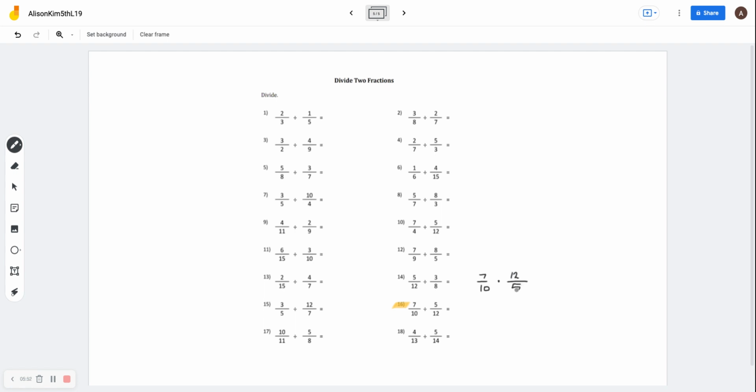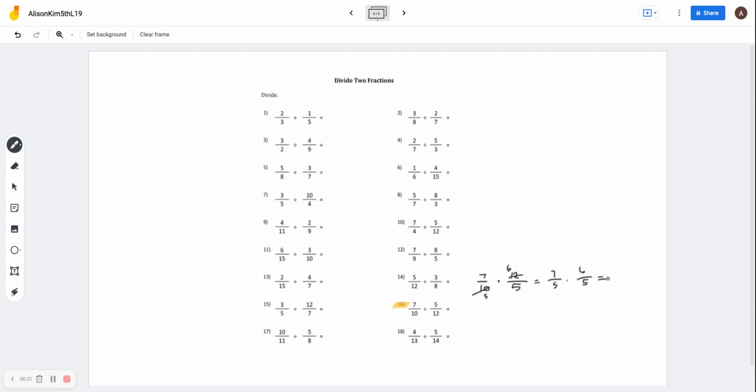Once again, I'm going to make sure that these fractions are not simplifiable. 7 and 5, you can't simplify anything because nothing can go into each other. But 10 and 12 have a common factor of 2, so I'm going to take that out before I multiply across. When I take out 2 from 12, I get 6, and when I take out 2 from 10, I get 5. Now I get a new equation of 7 over 5 times 6 over 5.